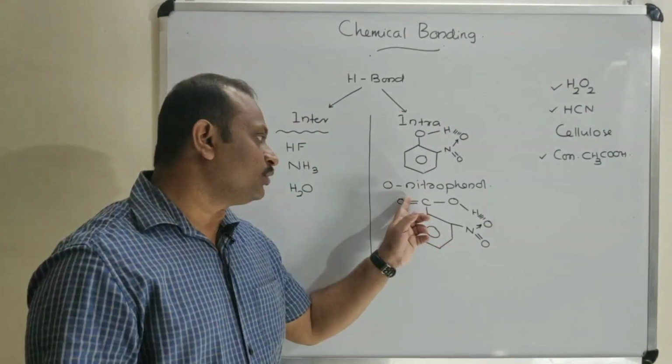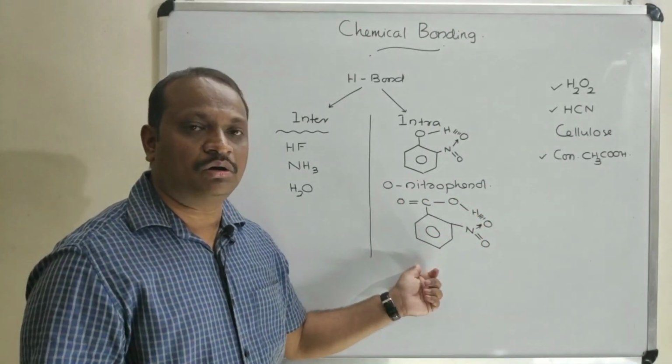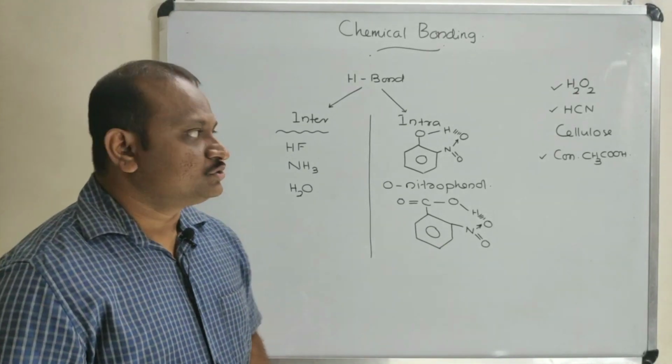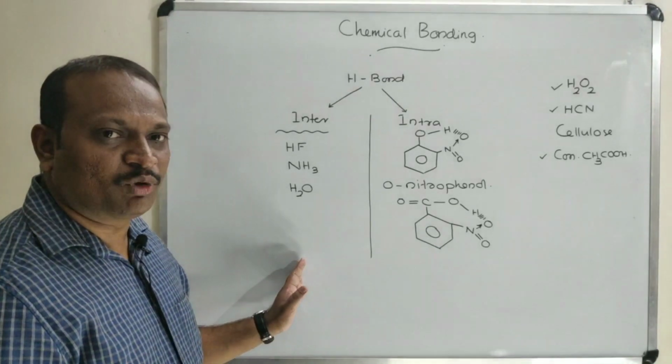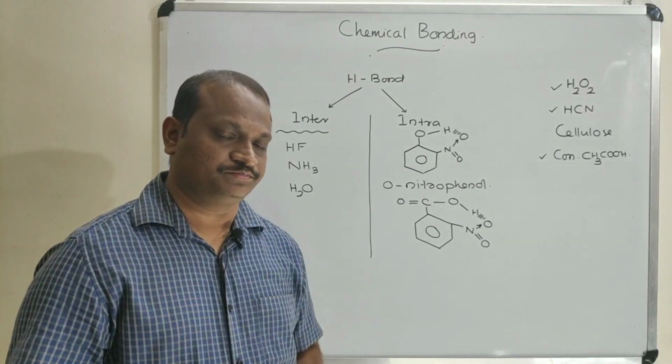The first compound is called orthonitrophenol, but the second compound is called orthonitrobenzoic acid. So these are a few examples for intermolecular and intramolecular hydrogen bond.